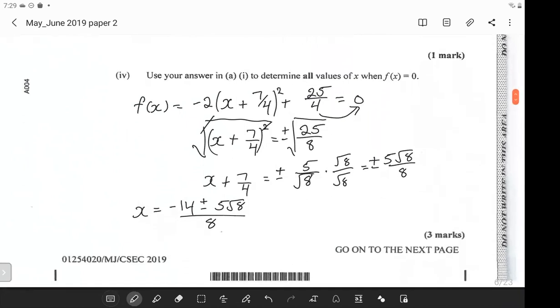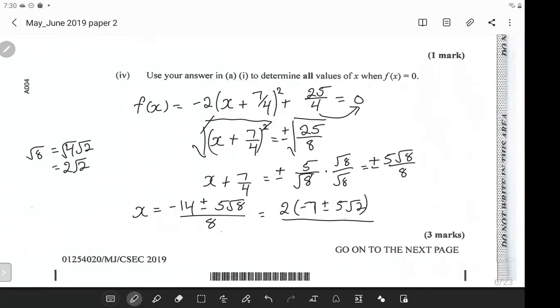Now, can this be simplified? Yes. How? Well, you can notice that root 8 is 2√2. We can factor out a 2, so we get 2 times negative 7 plus or minus 5√2, because we already factored out the 2, divided by 8.